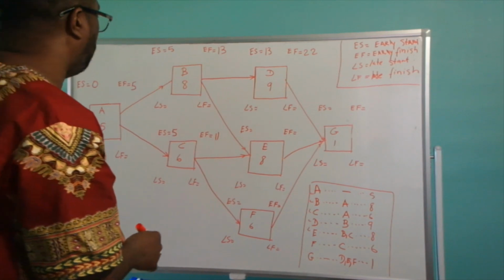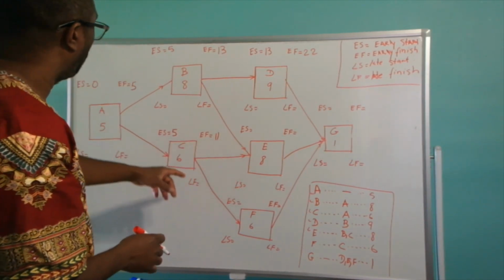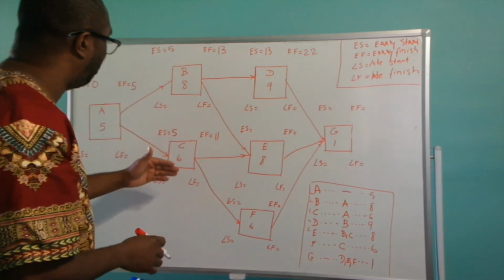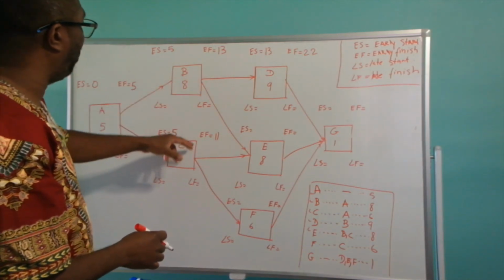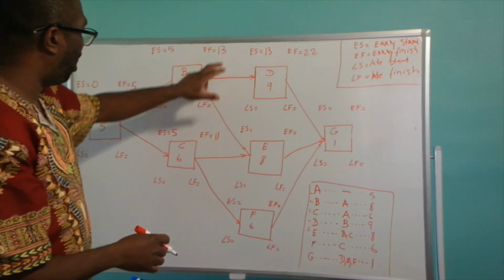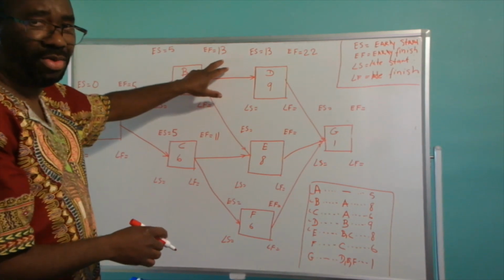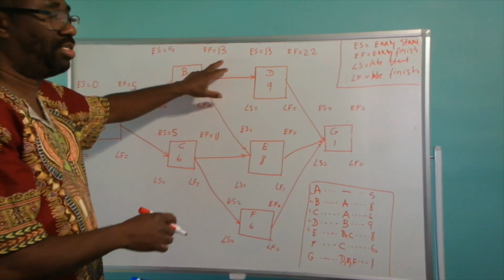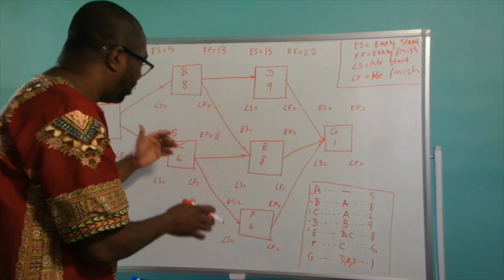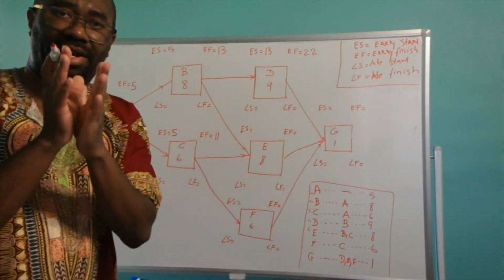So we move to activity E. Activity E comes out of activity B and activity C. But activity B and C have an early finish of 13 days and 11 days respectively. So we are going to go with the higher, which is 13 days, because it's going to take 13 days for activity B and activity C to complete, even though activity C has a duration of 11 days.